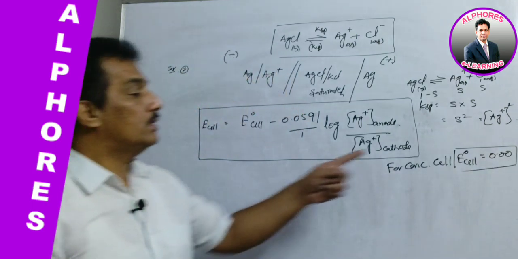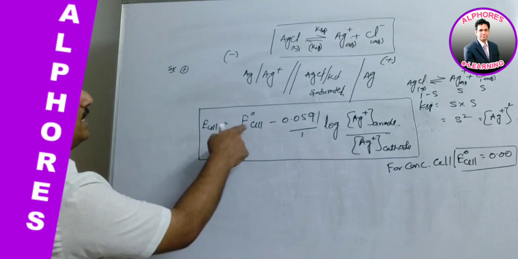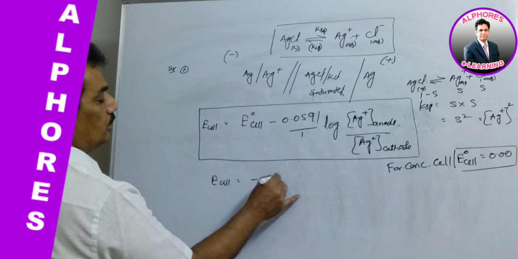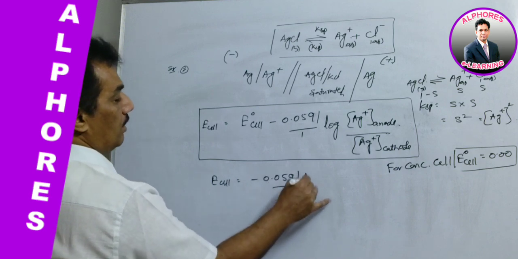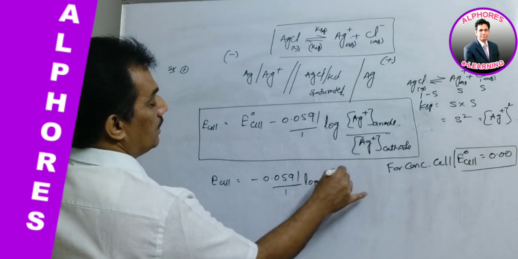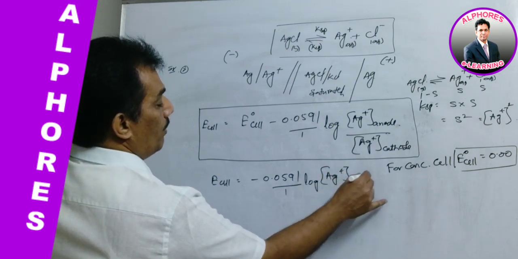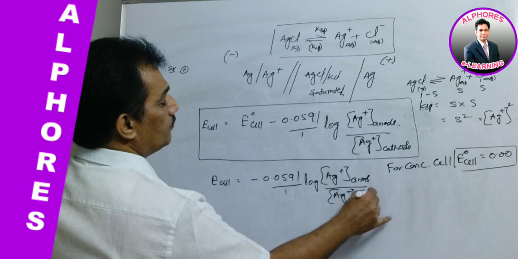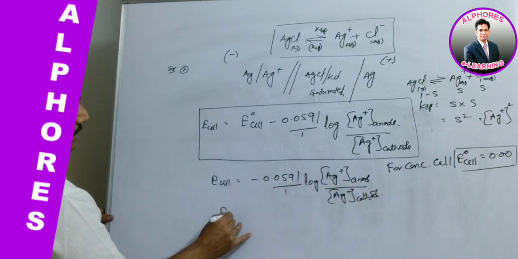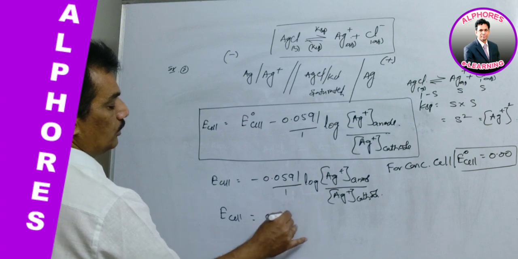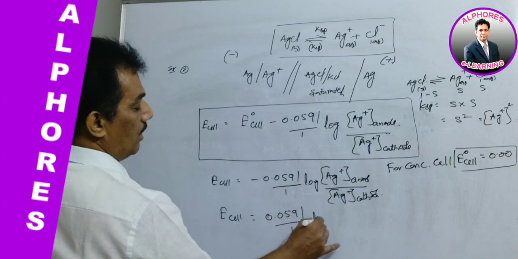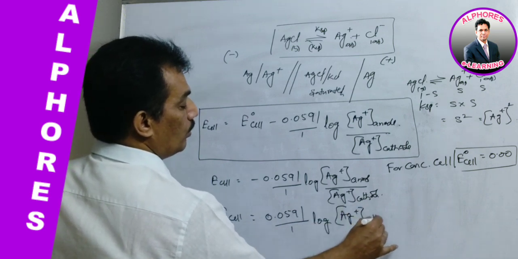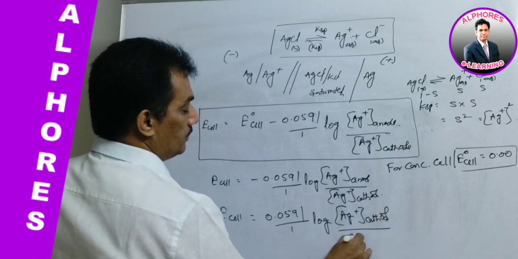For concentration cells E naught cell is 0, and so E cell is equal to minus 0.0591 by 1 log Ag plus anode by Ag plus cathode, or this can be rewritten as E cell is equal to 0.0591 by 1 log Ag plus cathode by Ag plus anode.